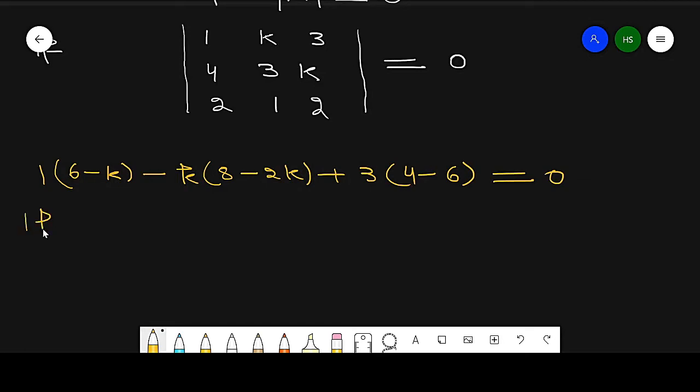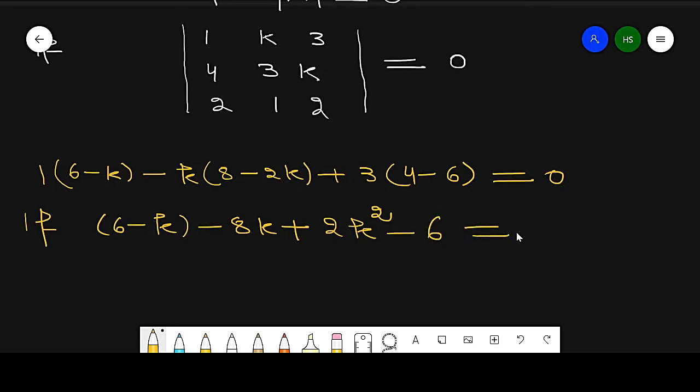So this is possible if 6 minus k minus 8k plus 2k square minus 6 equal to 0. The 6 and minus 6 cancel each other.